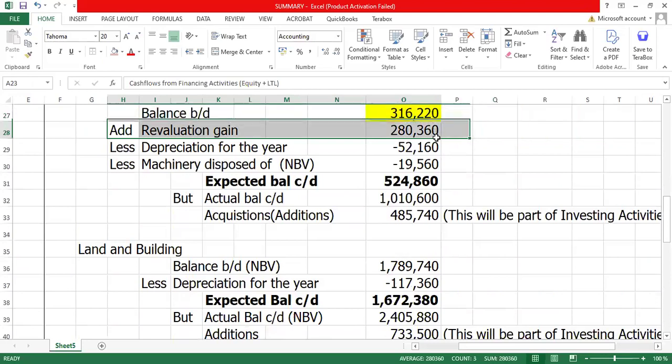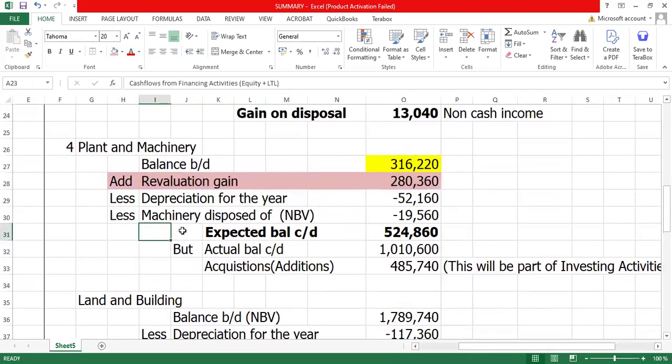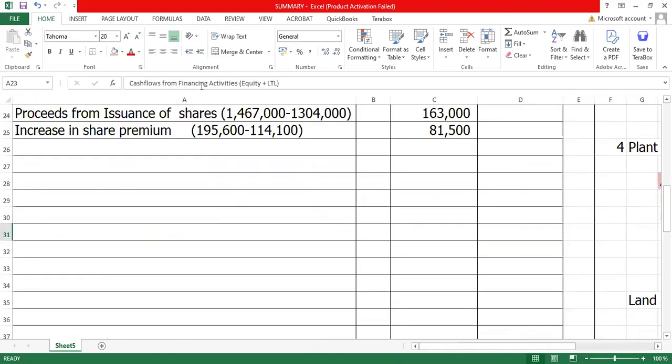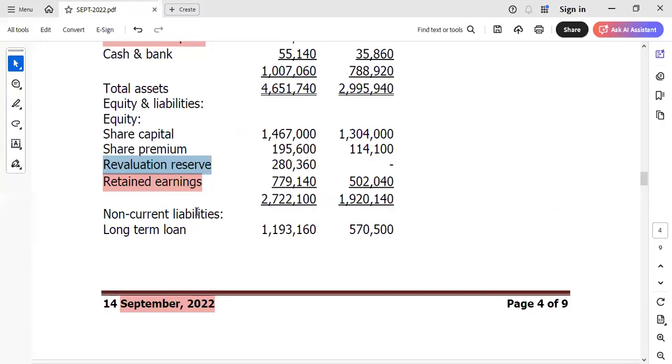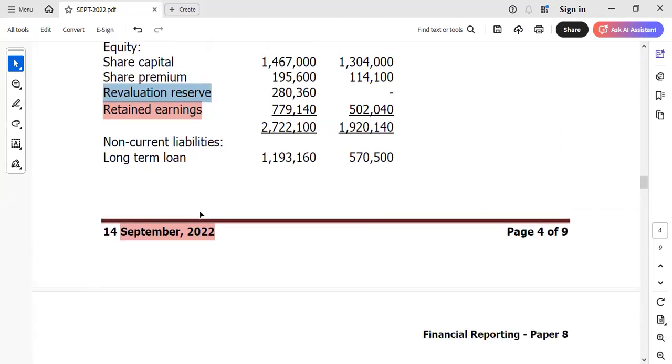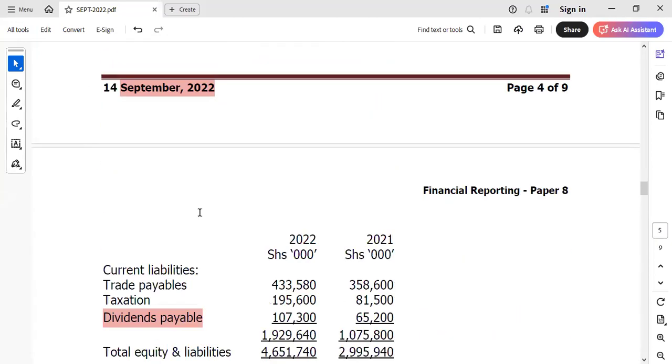Then we look at the non-current liabilities. We are done with equity, so let's look at retained earnings. You have no business with retained earnings; you just use retained earnings to get profit before interest and tax.